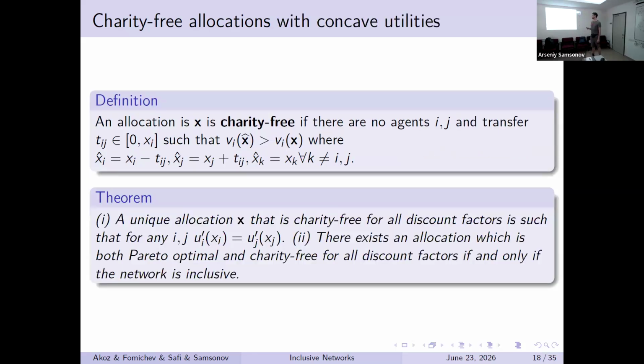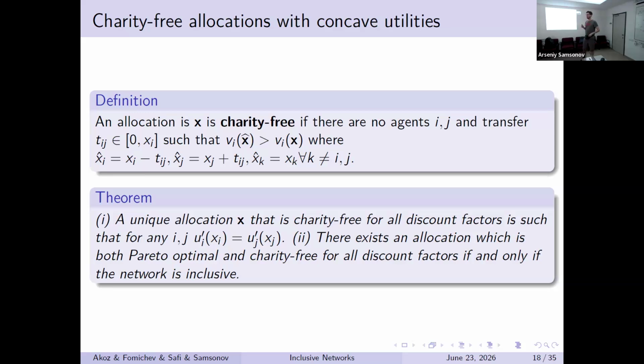So what we show, first of all, is that if we want an allocation which is charity-free for all discount factors, then all the marginal benefits must be the same. That's hardly surprising, because if someone has lower marginal benefits, and everyone is very altruistic, then if I send the money to someone who is poor, everyone benefits.